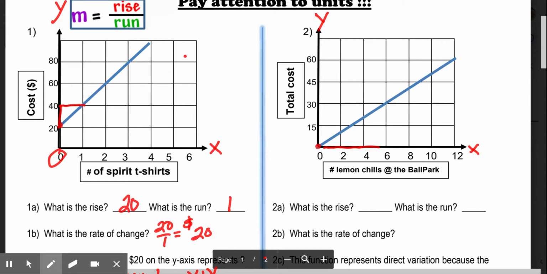And so the rise, that means if we try to go up 1 and over, it's never ever going to hit at an intersection. So what we need to do is we need to travel up this line until it crosses through an intersection, which is right here.